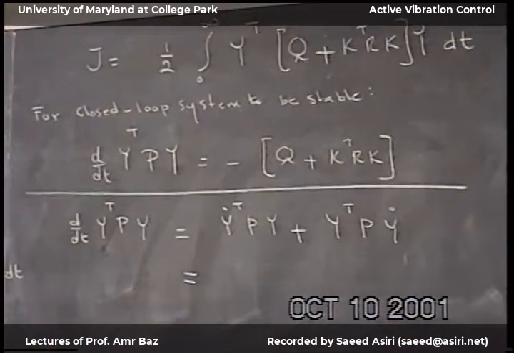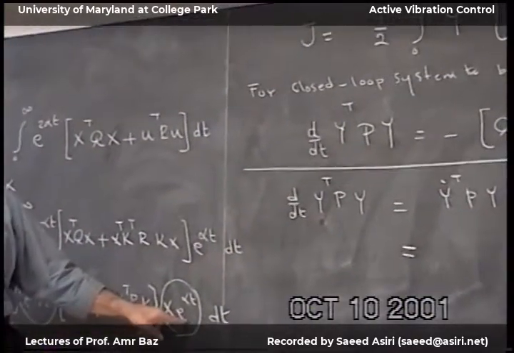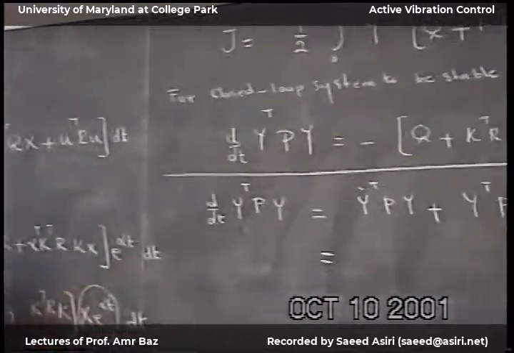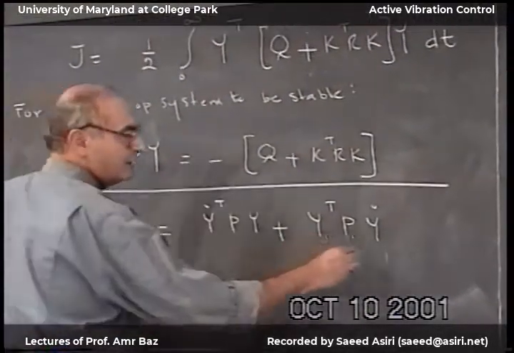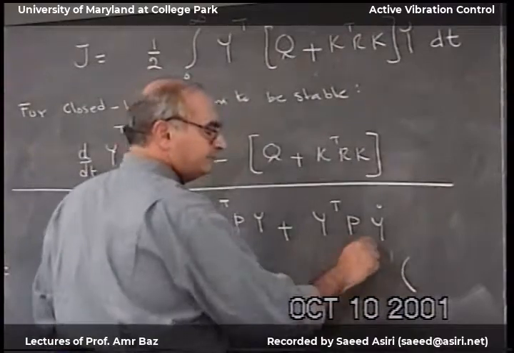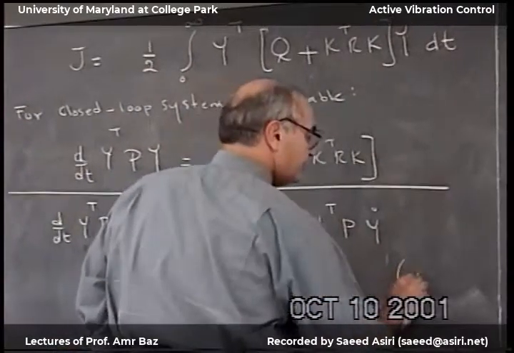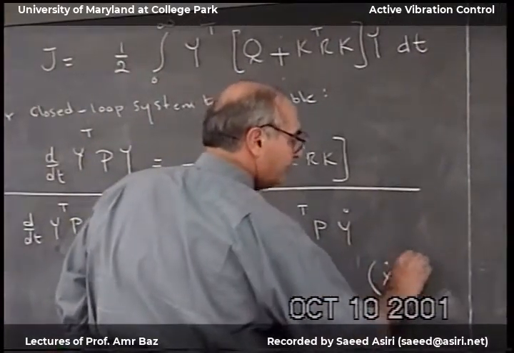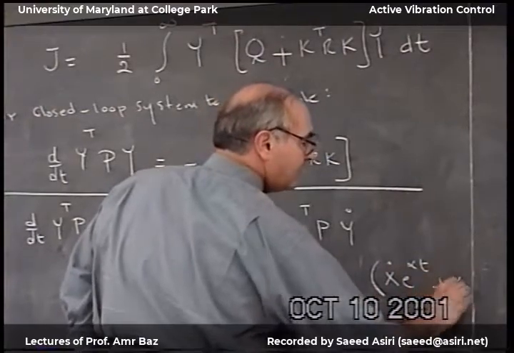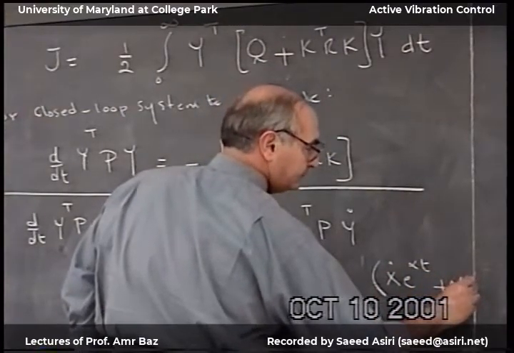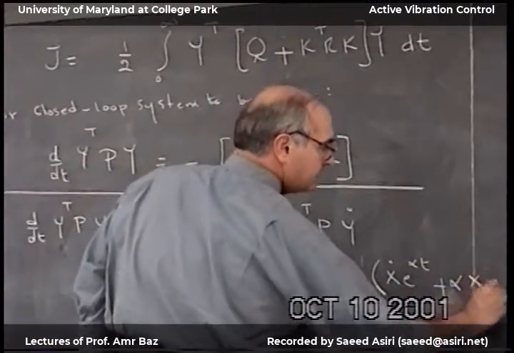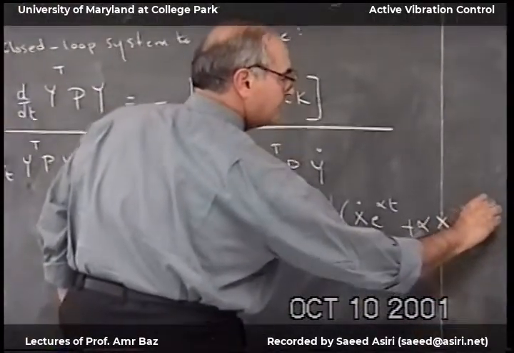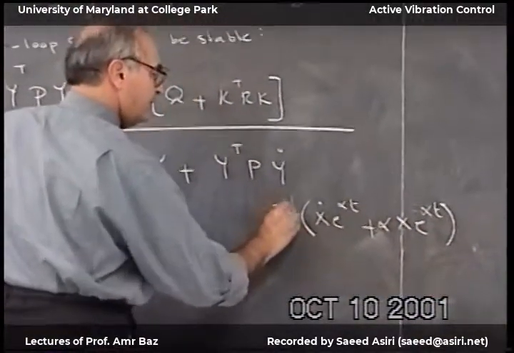So the derivative will be the derivative of the first times the second, plus the second times the first, and so on. So I'll make this easier. This will be x dot e to the alpha t plus alpha x e to the alpha t. And then I have t.